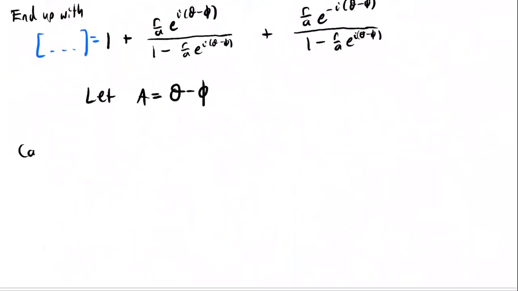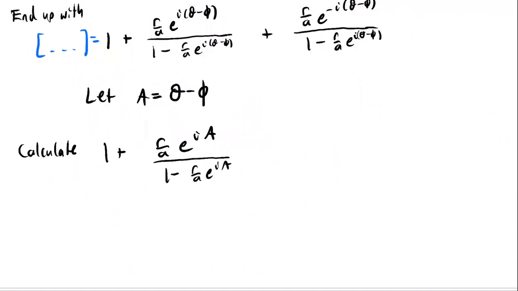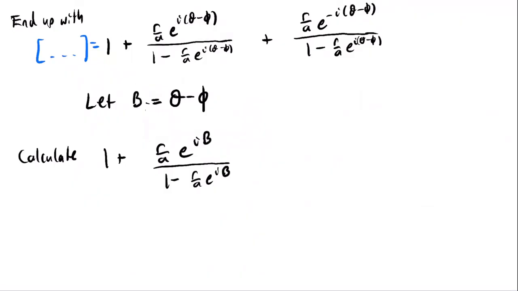So we want to simplify 1 plus r over a times e to the i b over 1 minus r over a e to the i b. And in the second term, I have e to the minus i b over 1 minus r over a e to the minus i b.